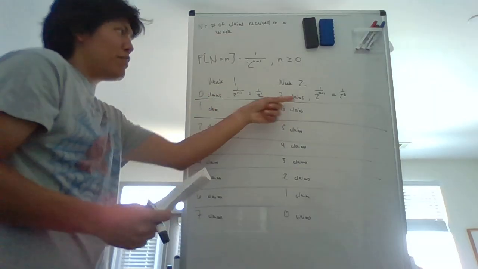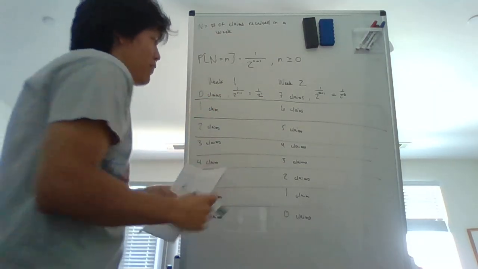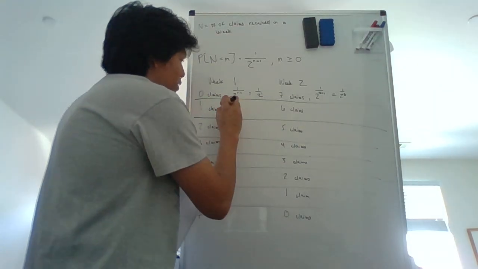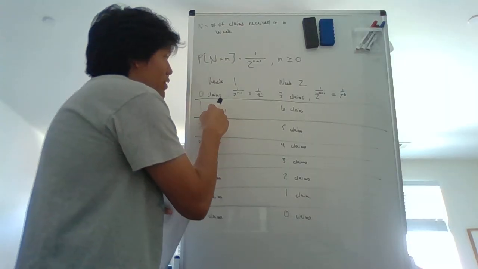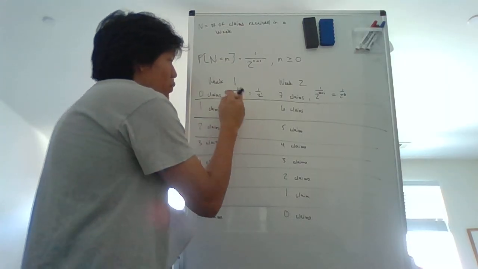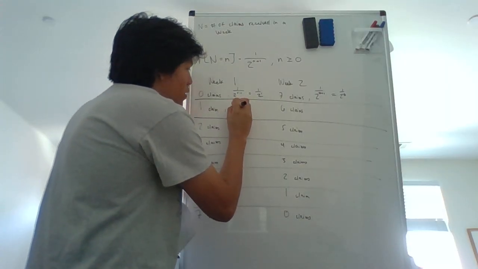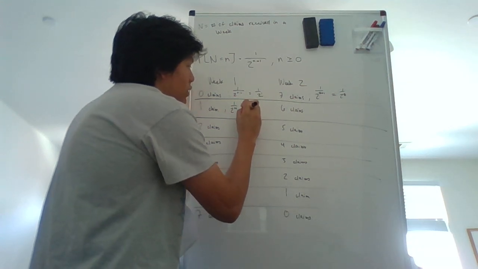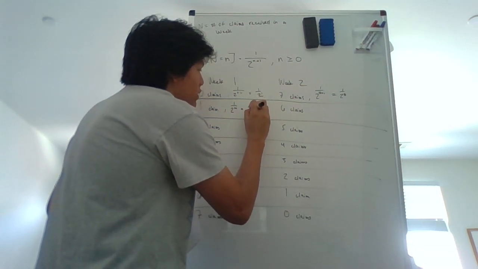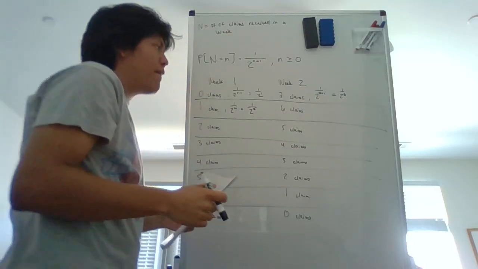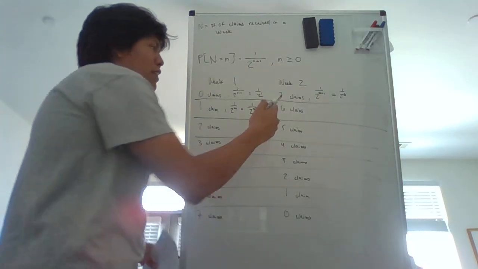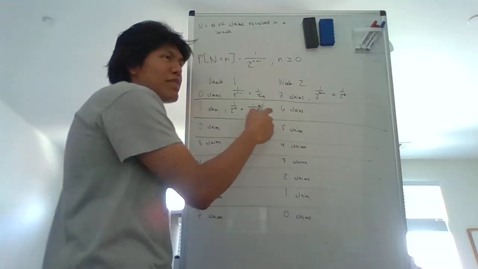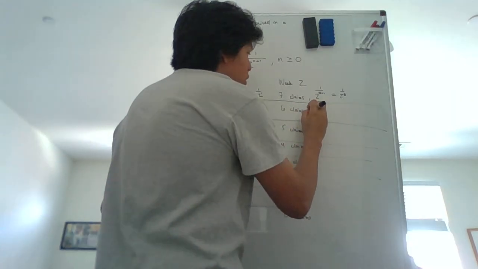And then we're just gonna do this for all of the rest of these claims. So what's the probability that we get 1 claim in week 1? 1 over 2 raised to the 1 plus 1. That's just 1 over 2 raised to the 2. Now, what's the probability that we get 6 claims in week 2?